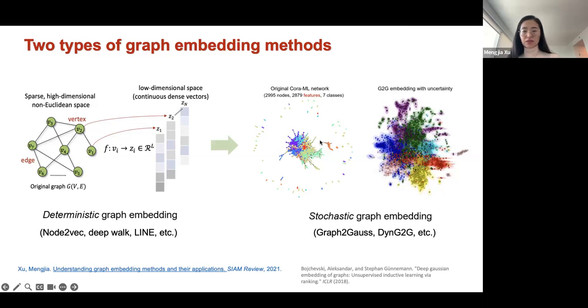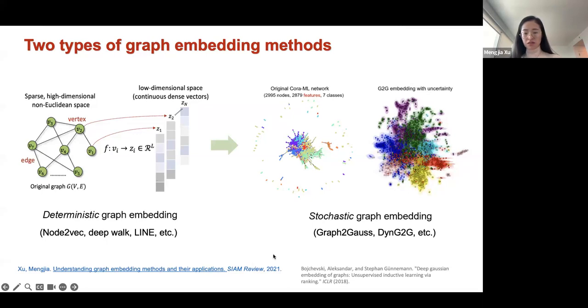So each graph node in the original space can be encoded as a multivariate Gaussian distribution, in terms of the mean and variance vector, which provides an important uncertainty quantification property. I have summarized more approaches in my previous review paper in 2021, published in SIAM Review.